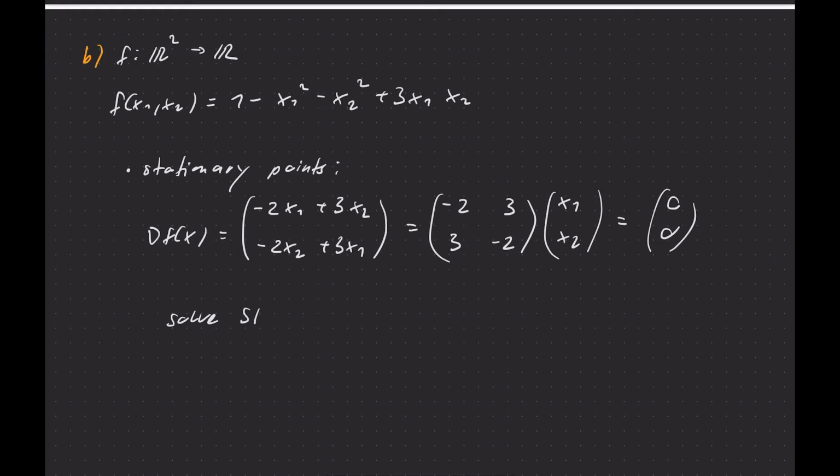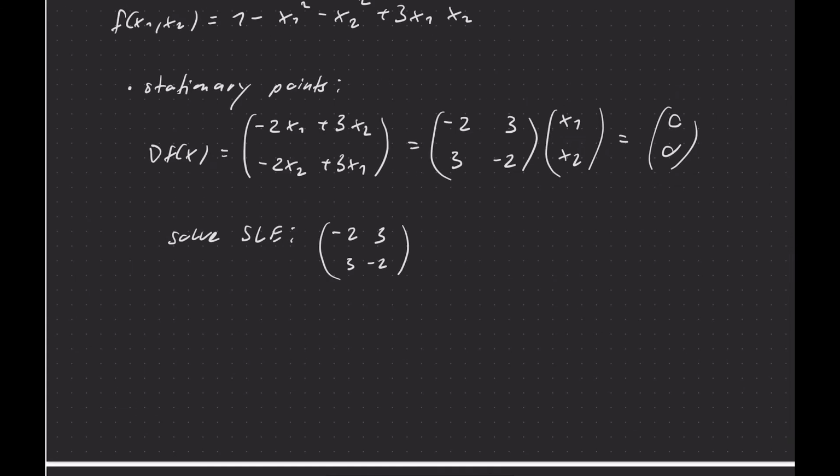Solve the system of linear equations with that matrix here, (-2, 3; 3, -2). What we need to do is we'll take this element here as our first pivot element. And then we just add 3/2 times the first row to the second. That'll give an unchanged first line, of course, and the second line becomes 0 here.